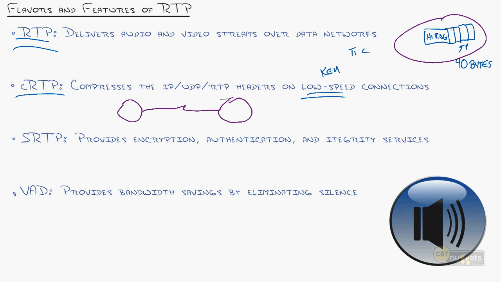So what's redundant in a conversation? It's always coming from the same source IP address, going to the same destination IP address, using the same source port number, going to the same destination port number. If you think about it, almost everything in those headers is redundant, and that's why compressed RTP takes our 40 bytes down to 2 to 4 bytes.